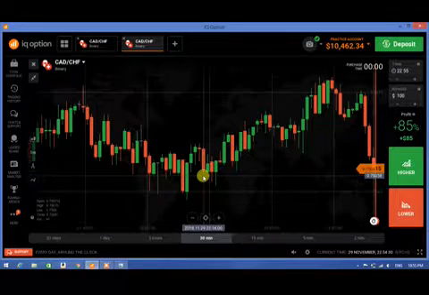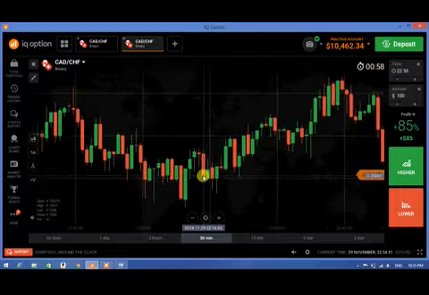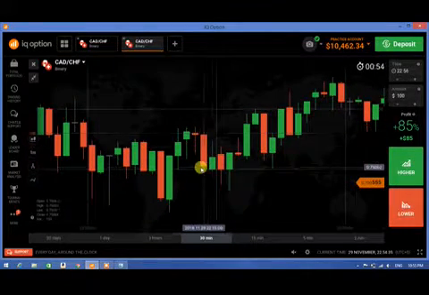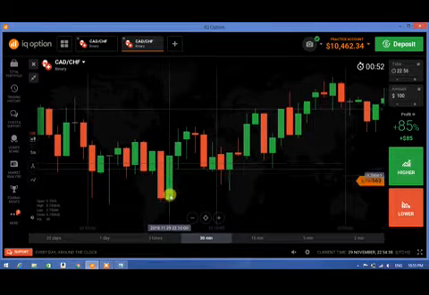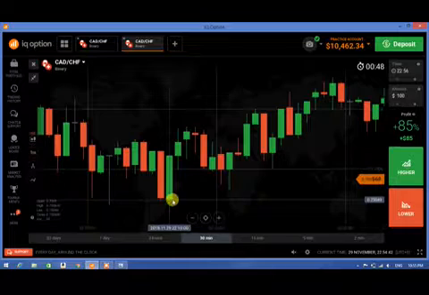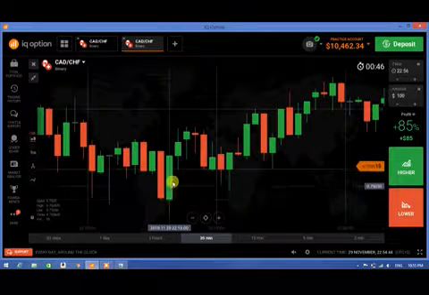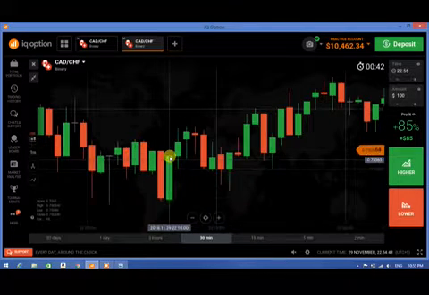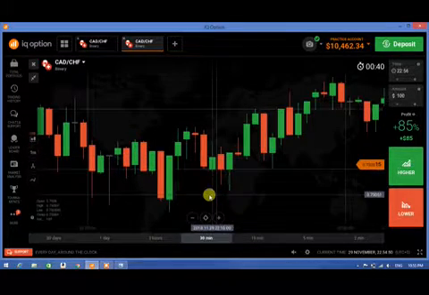Now, why is the body formed and why is the wick formed? The body is formed when the price, for example, if we talk about this green candle, started from here and ended up right here. So the price moved from here to here and formed the body.